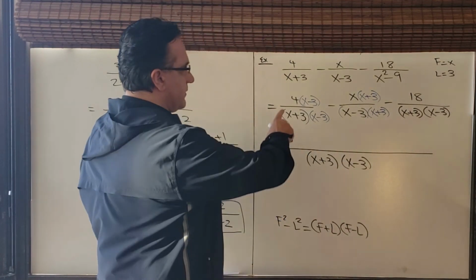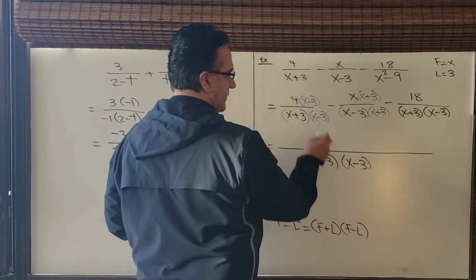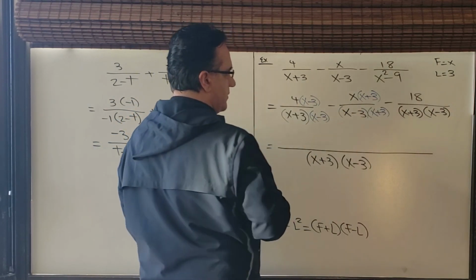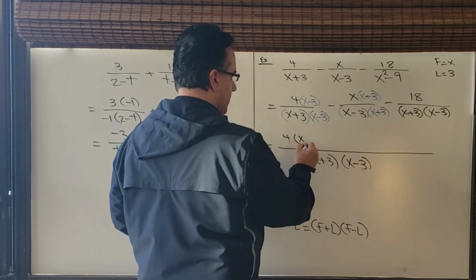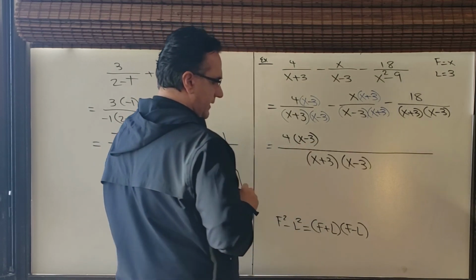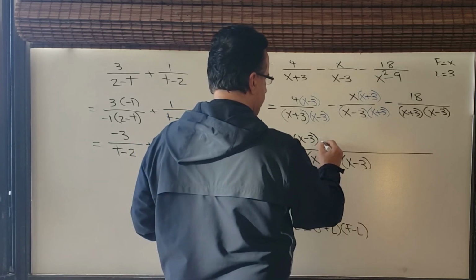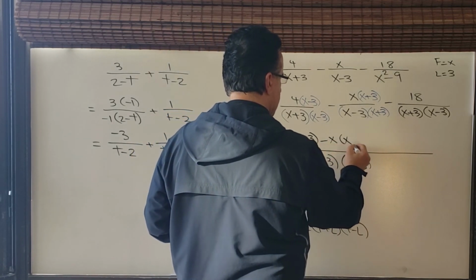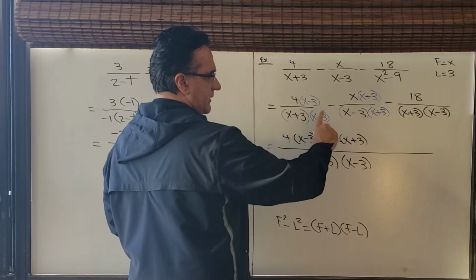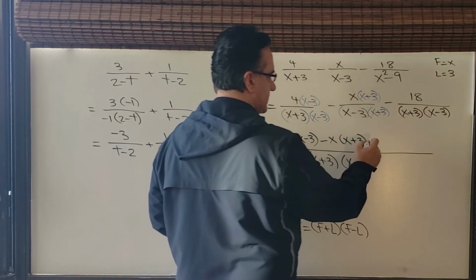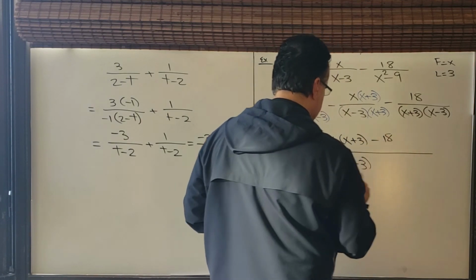So now we just go ahead and keep the common denominator and combine the new numerators. So we have 4 times x minus 3 minus x times x plus 3. Notice how I'm avoiding multiplying in my head because I don't want to make any mistakes. So you should do the same.